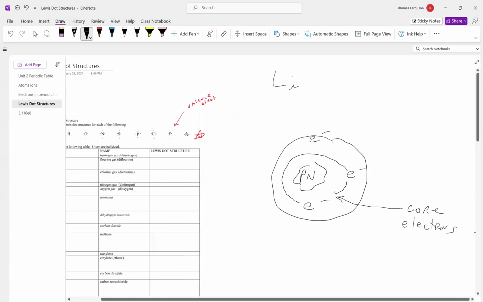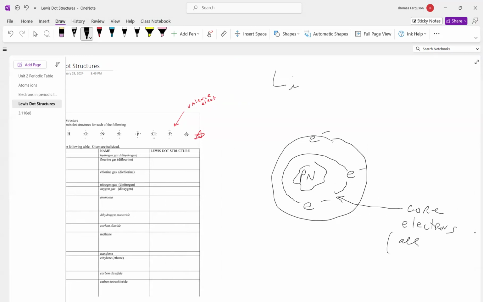So the innermost electrons are called core electrons. Those are the electrons, all but the outer one. Since we only have 2 orbitals, that's just going to be the inner one. But if you have something like uranium, there's a whole bunch of orbitals that are core.